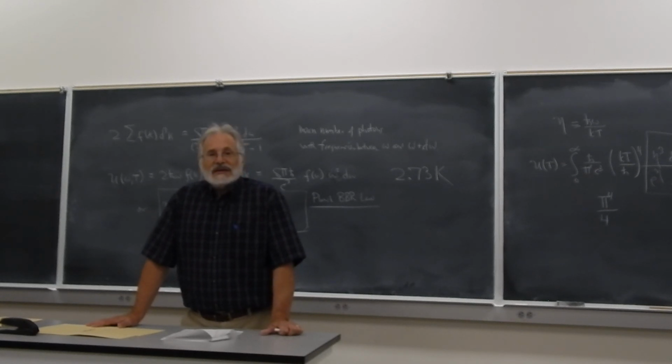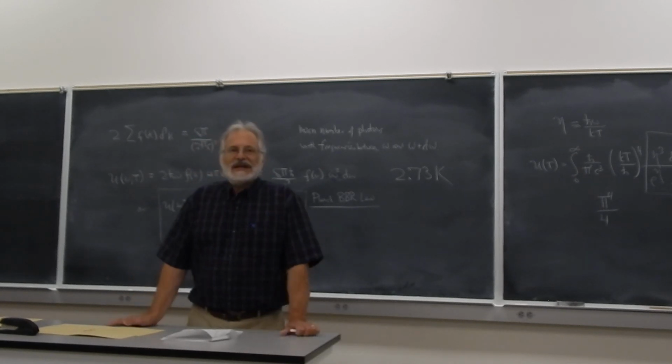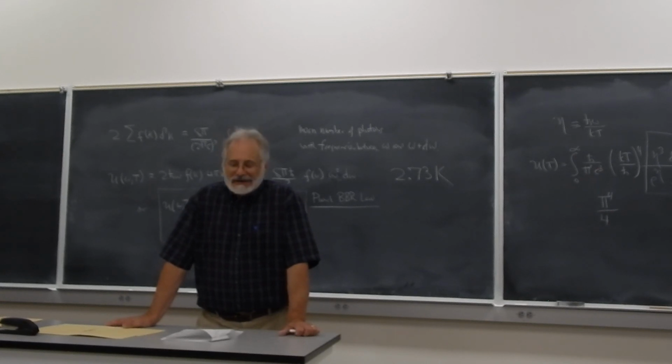And that is what we attribute to the so-called Big Bang and the expansion of the universe. So you have some pretty far-reaching implications and applications of the Planck blackbody radiation law. Thank you.